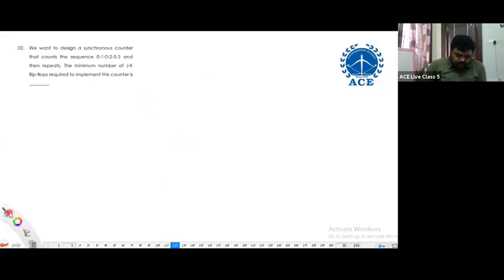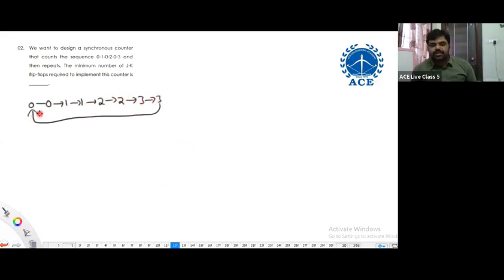For example, if it is 0 to 0, 1 to 1, then 2 to 2, and 3 to 3, again back to 0. So 0 to 0, then 0 to 1, 1 to 1, 2 to 2, 2 to 3, 3 to 3, again 3 to 0. How many flip-flops are required to design this counter?